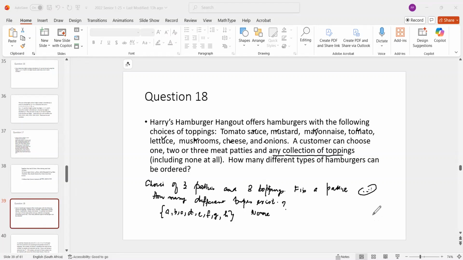That's one choice. Or you can choose only one each. So you'll have A, or B, or C. So there are 8 choices there. Or you can choose 2 only. So now you have to choose 2 from 8.